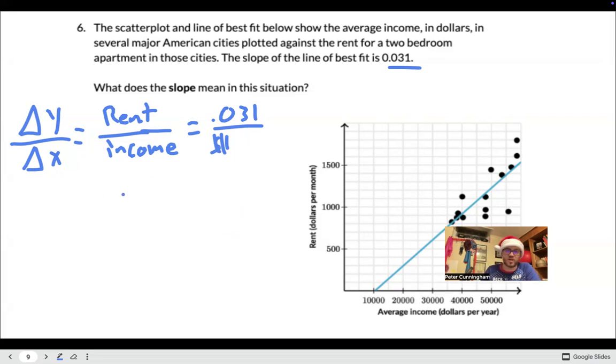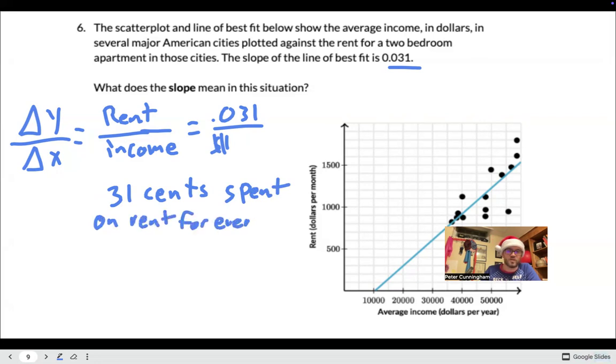You might say that it's 31 cents spent on rent for every extra dollar earned.